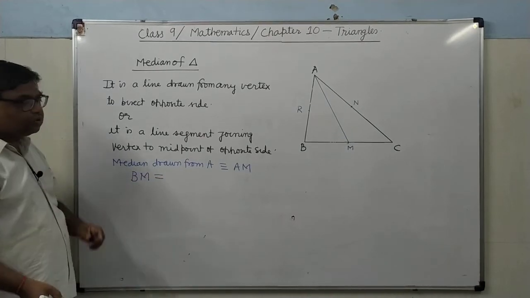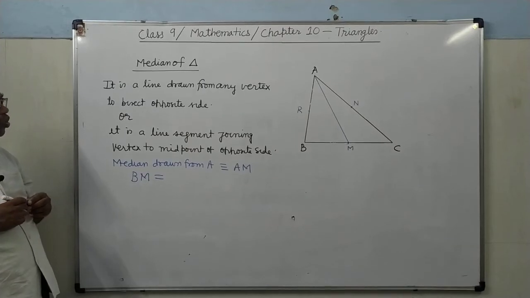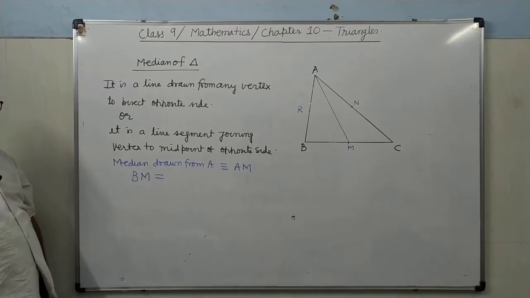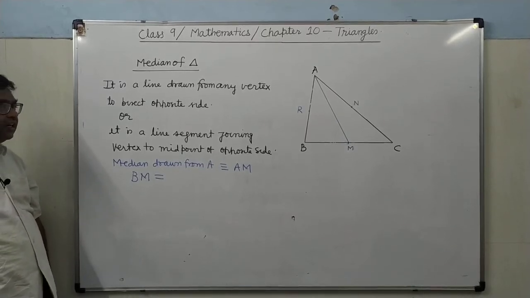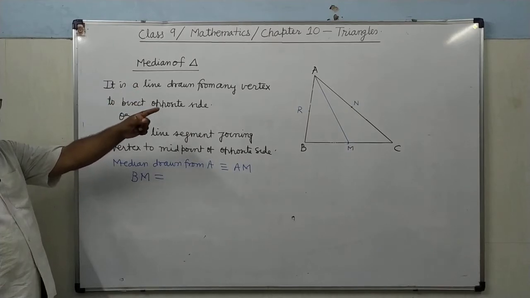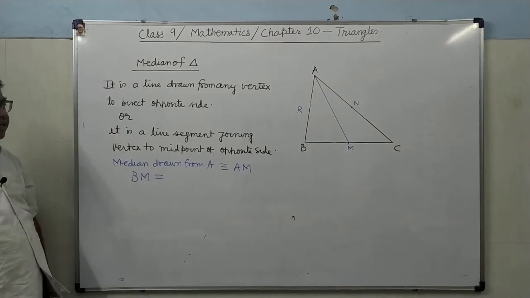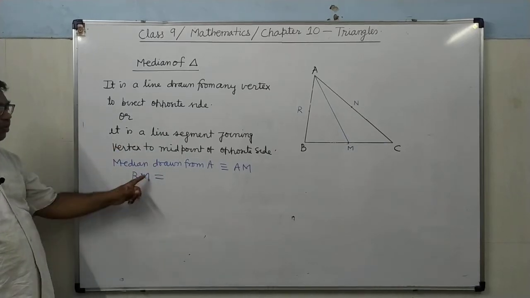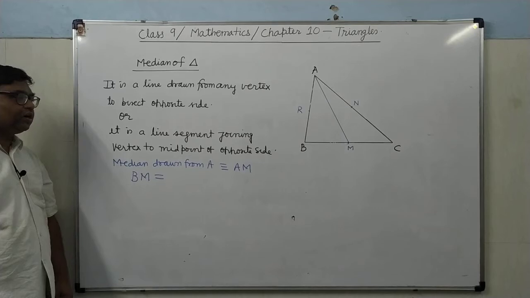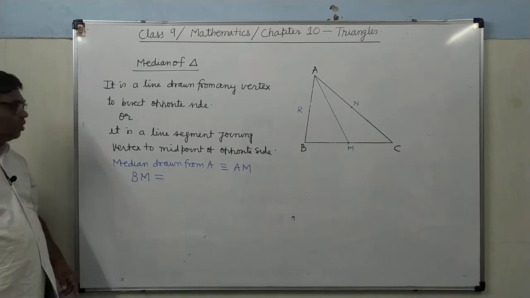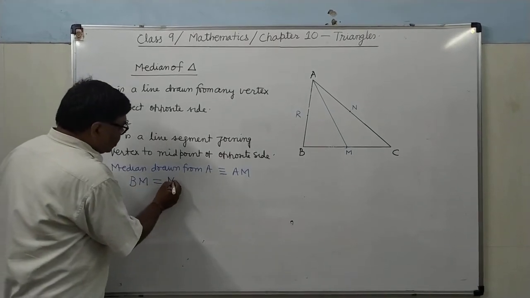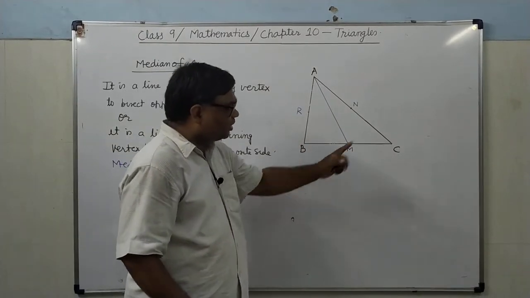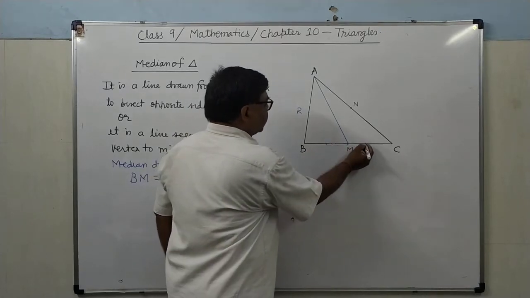Go to the definition of median. It is a line drawn from a vertex to bisect the opposite side. So AM should bisect BC, and BM will be equal to MC. It's clear why? Because this line is bisecting BC, which means BM and MC are equal.